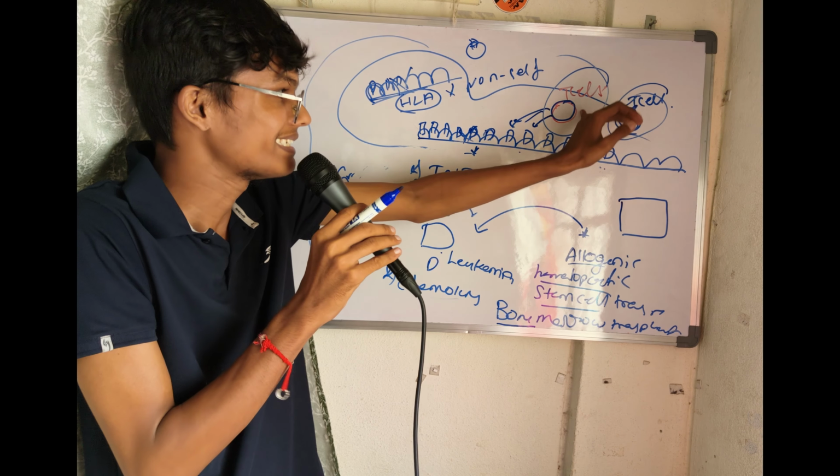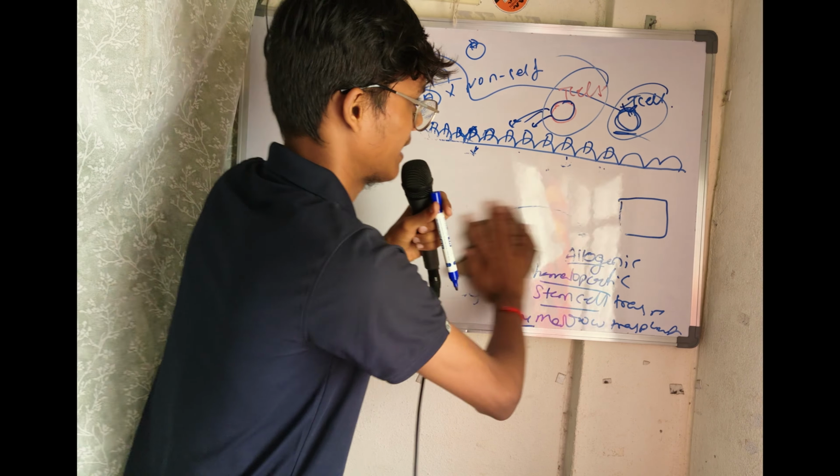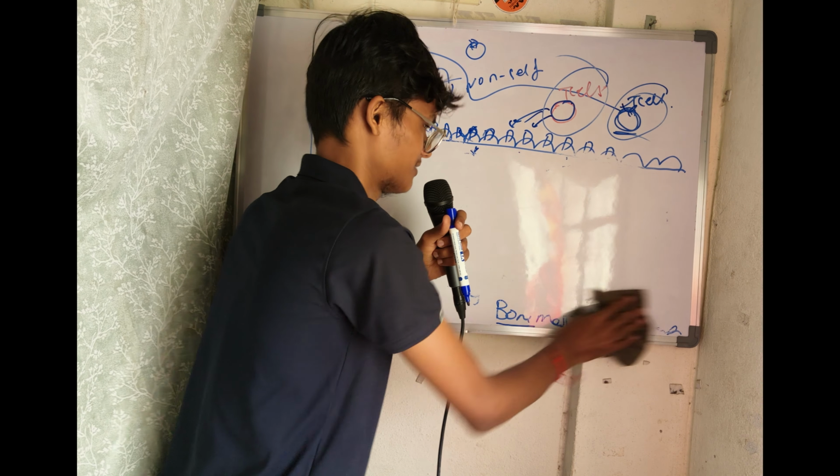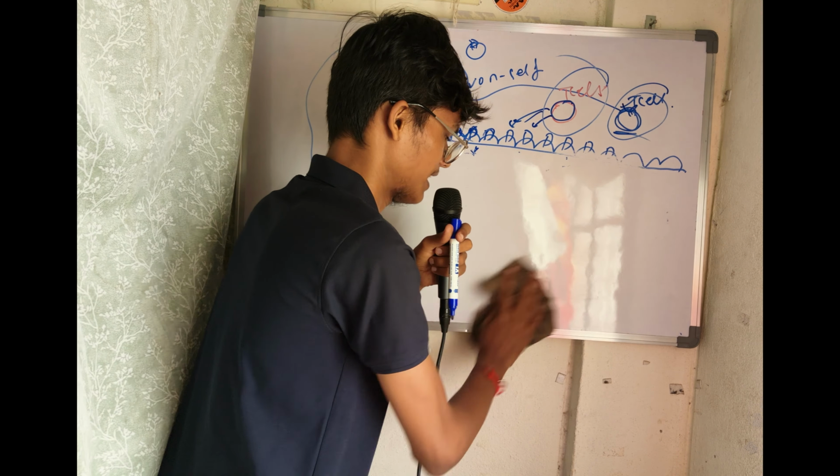I will make some more clarity. I think you almost got it, but I will make it simpler. If I make a differentiating table, you will understand. Graft rejection, and GVHD, graft versus host disease.